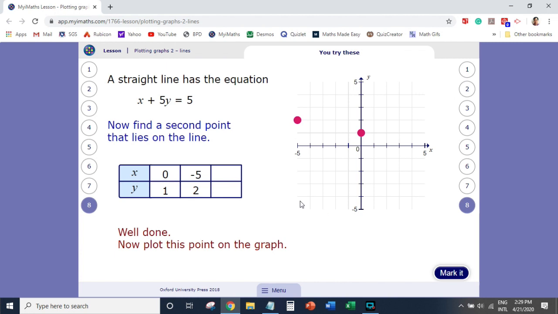So here, let's think of another value. Let's say our x is positive 5. We used negative 5 right here. What if we are going to use a positive 5 for x? Okay, let's say positive 5.